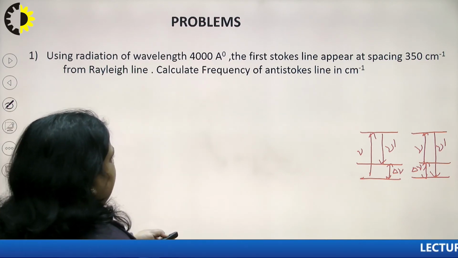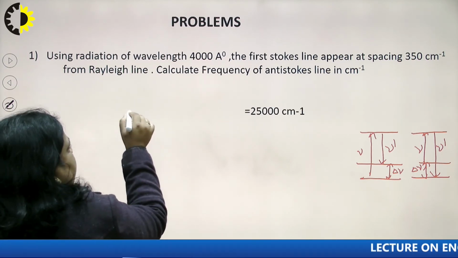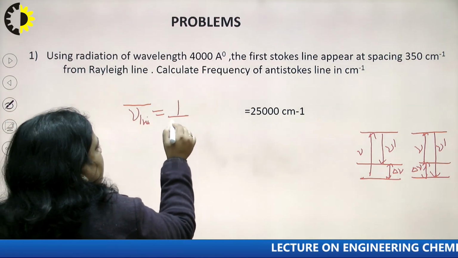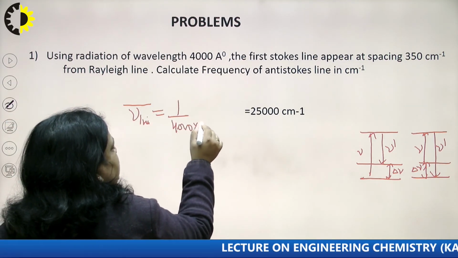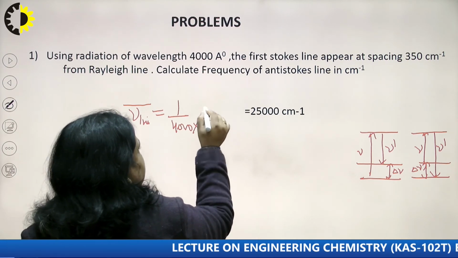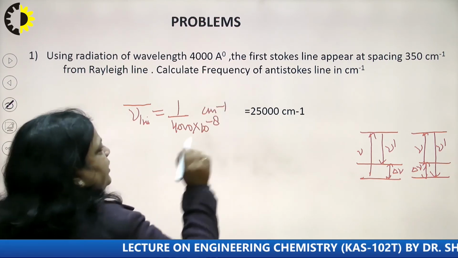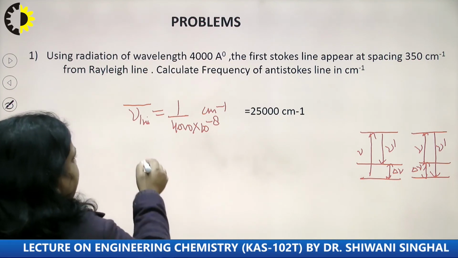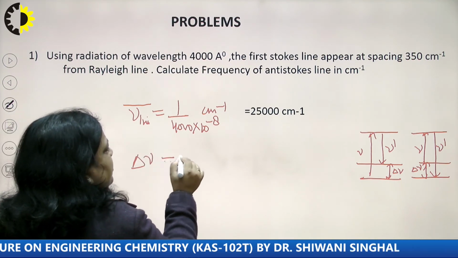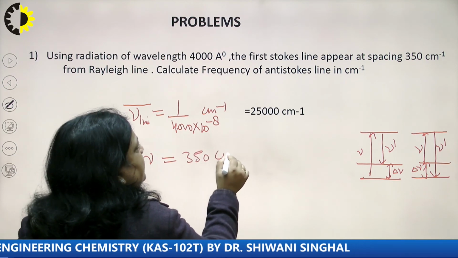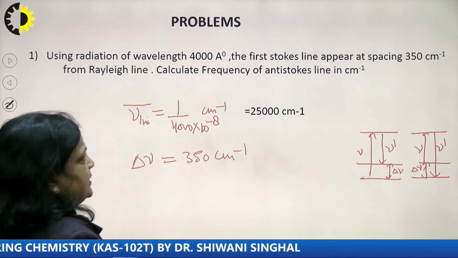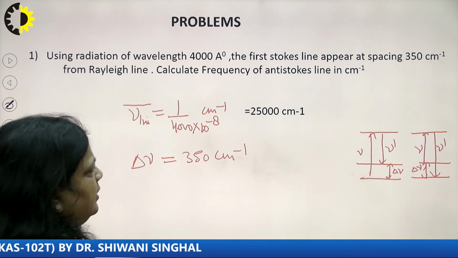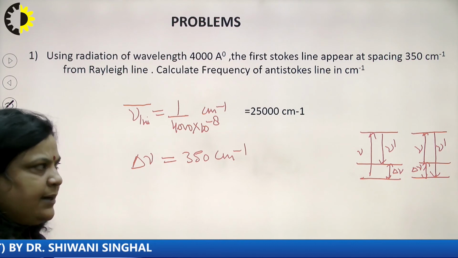So, initially the frequency, that is nu bar, is equal to 1 upon 4000 into 10 to the power minus 8 centimeter inverse, which is equal to 25,000 centimeter inverse. And the shifting is delta nu equal to 350 centimeter inverse. So, first we find the frequency of scattered light.